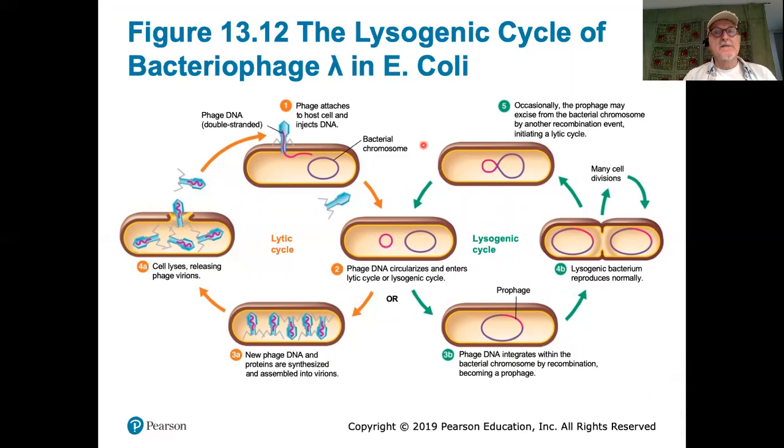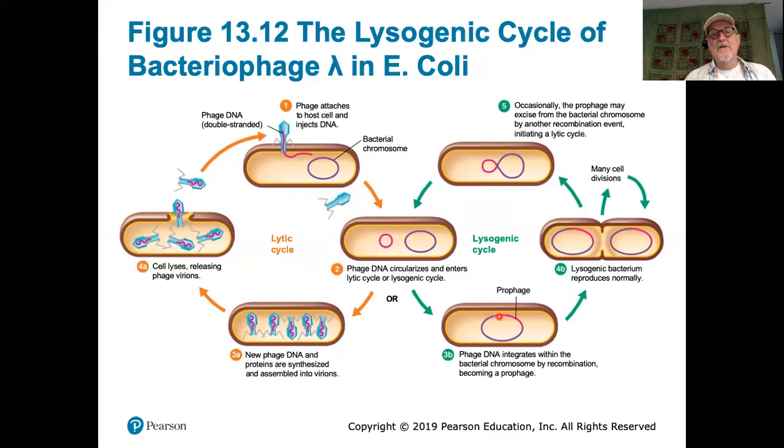One of the most famous of these is this other bacteriophage, Bacteriophage Lambda, which looks very similar to T4, also a DNA virus. But when it injects its DNA into the host cell, it doesn't immediately destroy the host genome. Instead, it integrates its own DNA into the host DNA. There it is there, and that we refer to as a prophage.